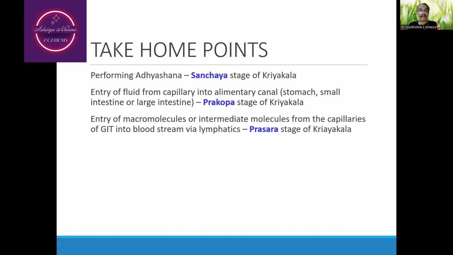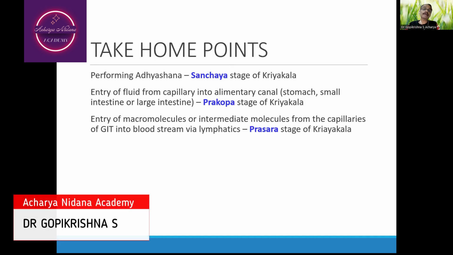And the entry of macromolecules or intermediate molecules from the alimentary canal, that is stomach, small intestine, large intestine, into the capillaries of the stomach, small intestine, large intestine can be categorized under the Prasara stage of Kriyakala.